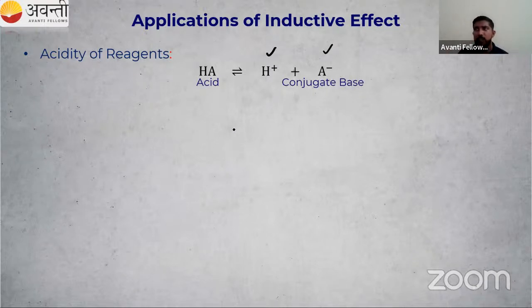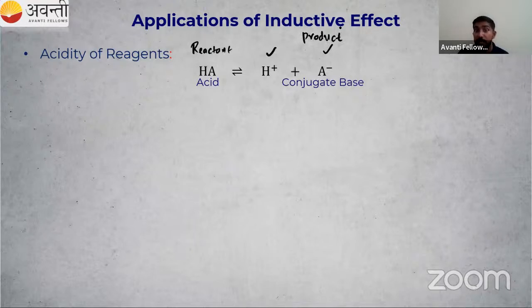Why is this chemical bond formed? It is to attain stability. Similarly, why is a reaction happening? To attain stability. Suppose this is our reactant and this is our product. If the product is more stable, then the reaction will take place.